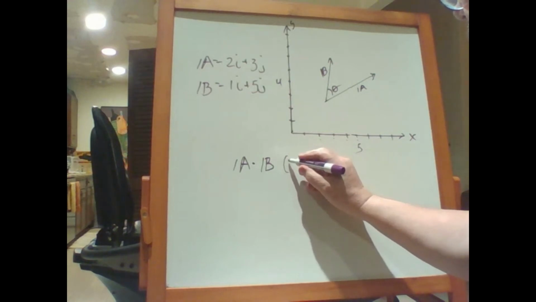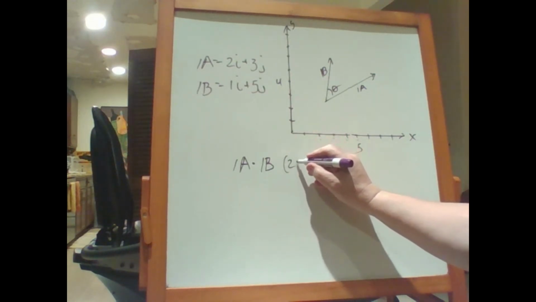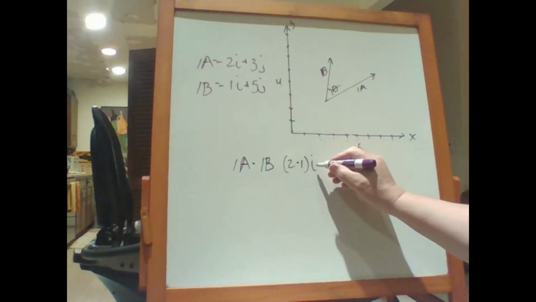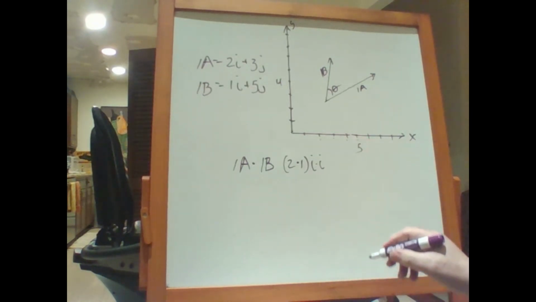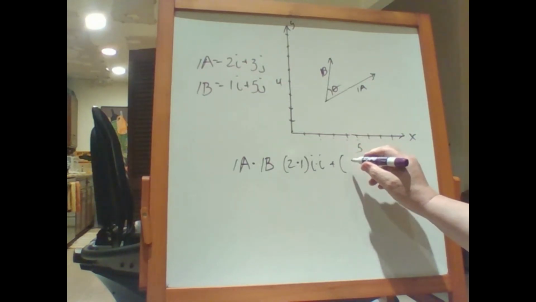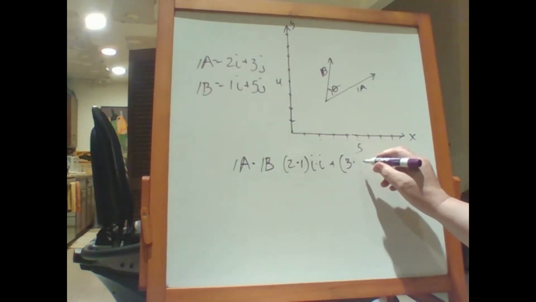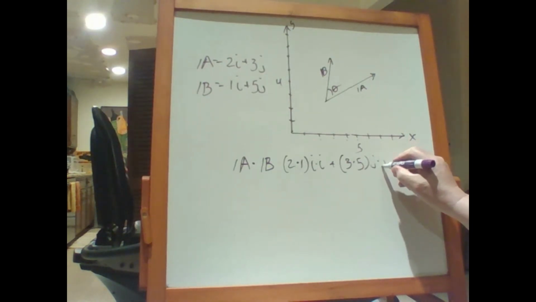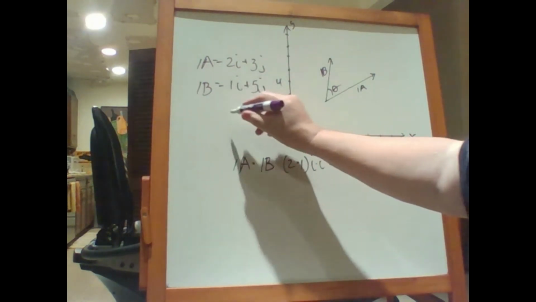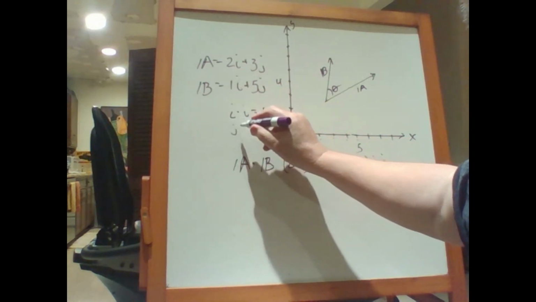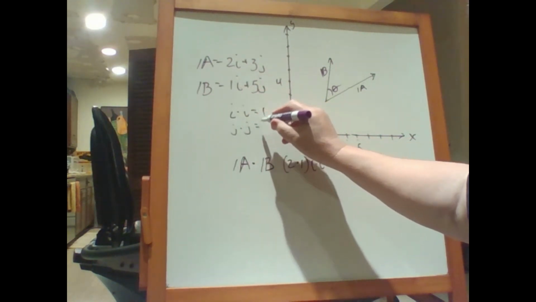So we take 2 times 1 i dot i and 3 times 5 j dot j. Well, i dot i equals 1 and j dot j equals 1.